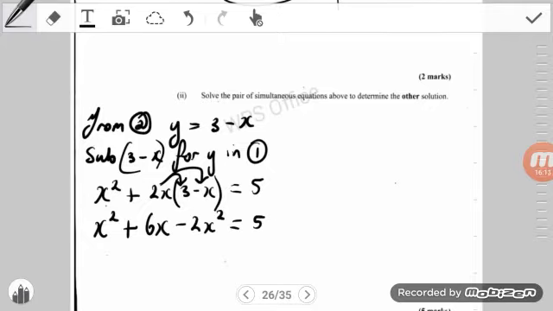Now we have a quadratic, but we also have a little problem that we have to smooth out to make the quadratic solution come to life a lot easier. We have a problem with the coefficient of the x squared. The bigger coefficient here is this 2, which has a negative sign, so we need that to become a positive in some way or form.